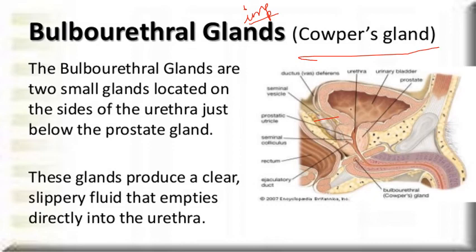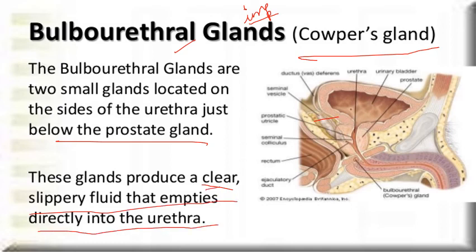Below the neck there is the prostate gland, at the back of the urethra there is the seminal vesicle, and at the sides of the urethra we will find two bulb-like structures present below the prostate gland, and these are termed the bulbourethral glands. These glands produce a clear and slippery fluid, which directly empties into the urethra.